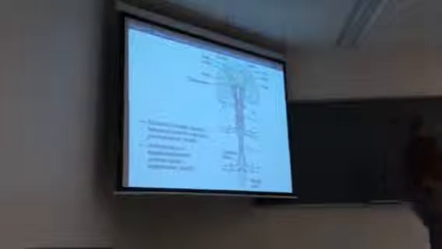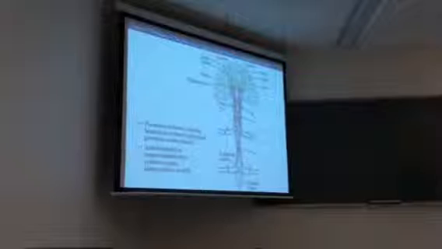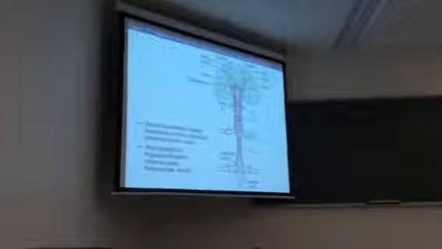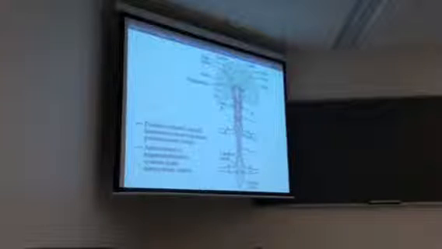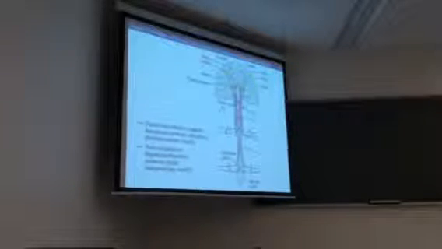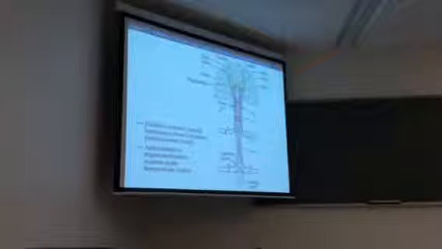So depending on where a lesion is and the extent of the lesion, you can affect either the posterior column or the anterolateral column, or occasionally both. Does that make sense? Yes. Okay.